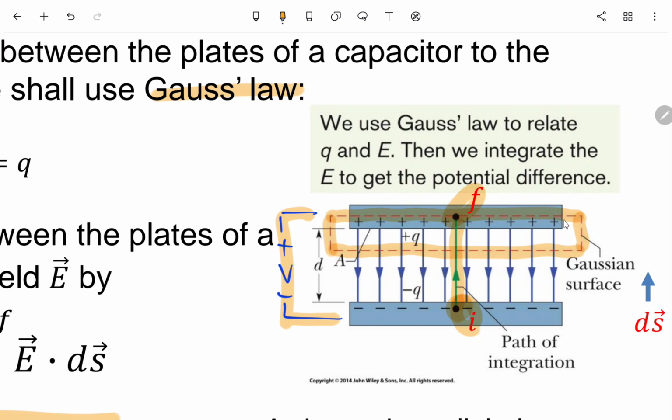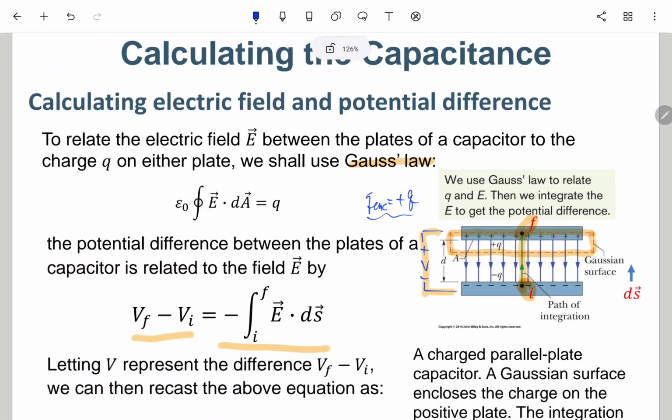Okay, so the positive Q will be inside this Gaussian surface, and the negative charge is outside the Gaussian surface. So Q enclosed is actually this, plus Q, not all the charge. If the total charge were plus Q minus Q, then it would be 0. But as we define the Gaussian surface like this, the Q enclosed is only plus Q.